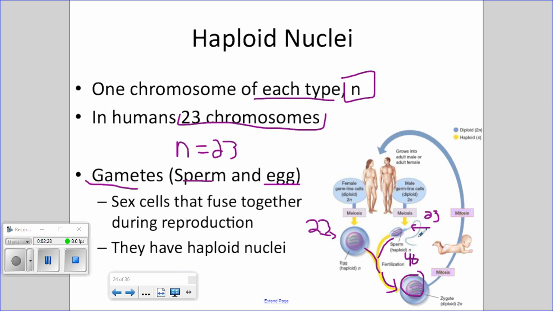So this is where the 46 chromosomes come from, 23 from dad, 23 from mom, to give us a grand total of 46 chromosomes. Those 46 chromosomes are in that first cell that's produced, which then goes on to divide and divide and divide to produce that organism, which can grow into an adult to produce its own gamete cells and continue that circle of life. These sperm and egg cells are said to have haploid nuclei because they have one of each type of chromosome.